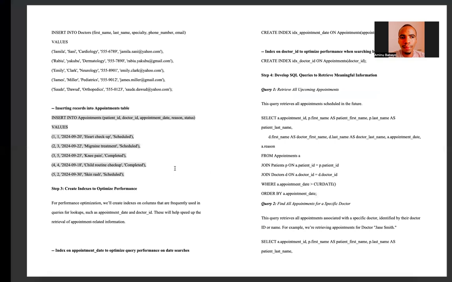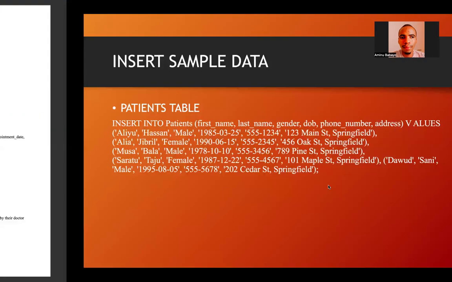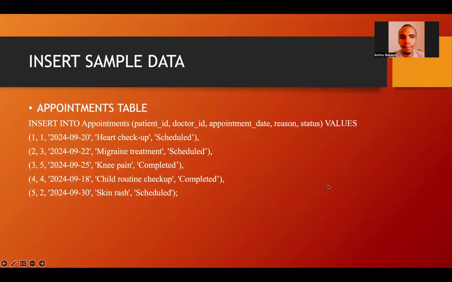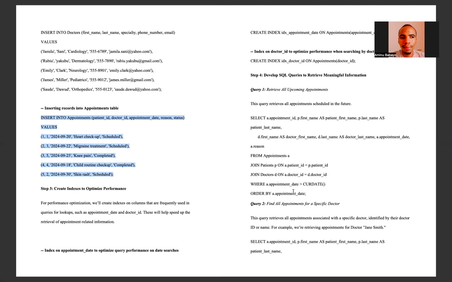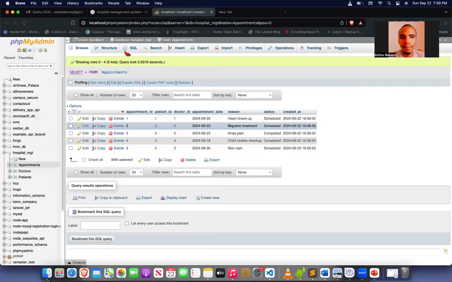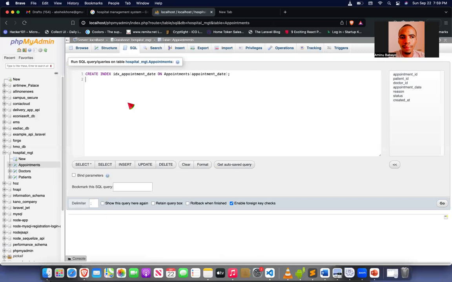So what is the next step? We are done with inserting the sample data. Now let's work on the indexing. Yeah, let's see. This is our indexing. Let's create the index here.